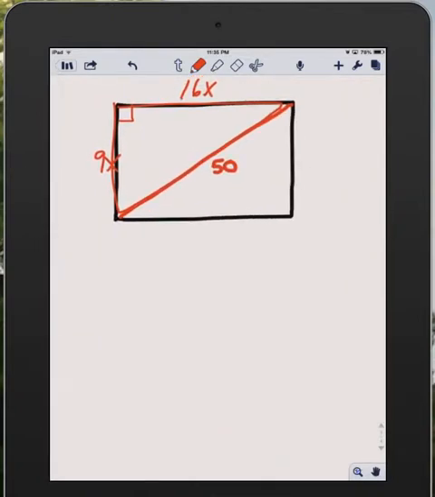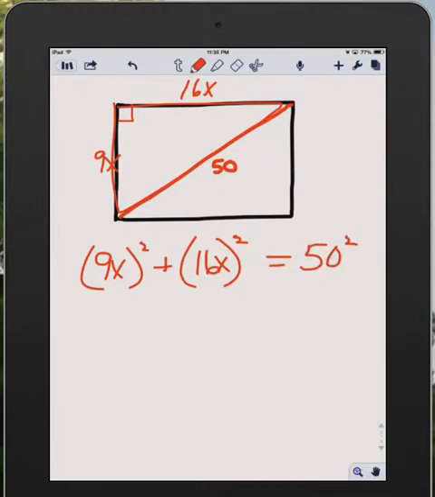We can use the Pythagorean theorem and say 9x squared plus 16x squared, we need the 16x and the 9x inside parentheses, equals 50 squared. And we have 81x squared, 9x times 9x equals 81x squared, plus 256x squared equals 2,500.